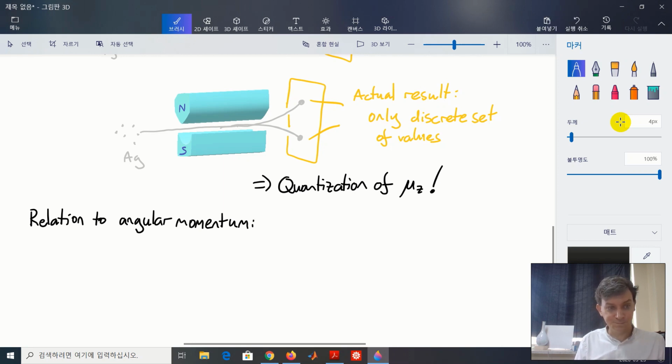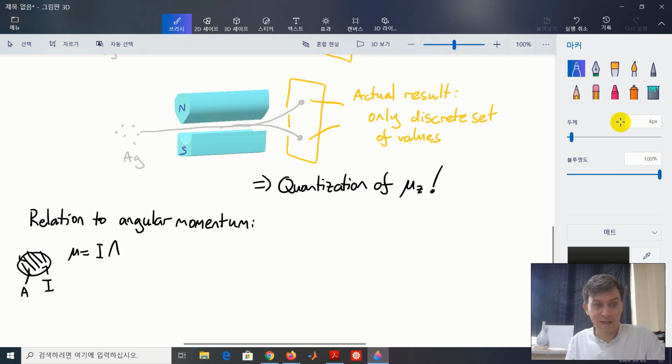Okay, so if we look at the magnetic moment above, we have a current I going around, and it's going through a unit of area A, and the formula for the magnetic moment in such a case is that it's equal to the product of I times A. So a bigger area gives you a bigger magnetic moment, a bigger current gives you a bigger magnetic moment. Okay, kind of makes sense.